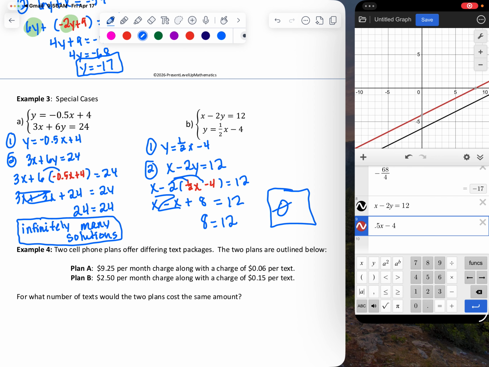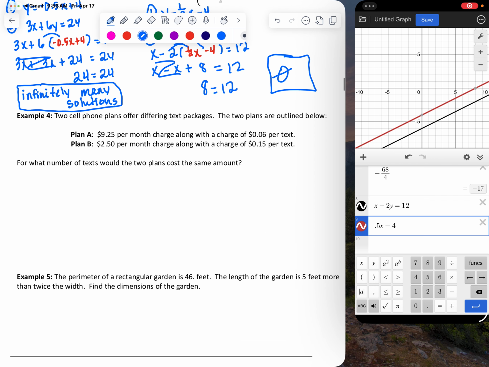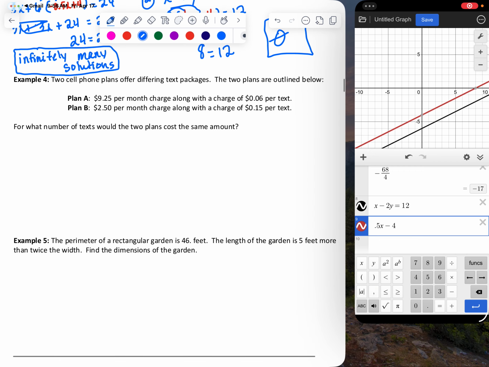All right. Now let's look at some real world problems. Two cell phone plans offering different text packages are outlined below. In Plan A, we have $9.25 per month, along with a charge of 6 cents per text. So an equation for that is 9.25 plus 0.06x.